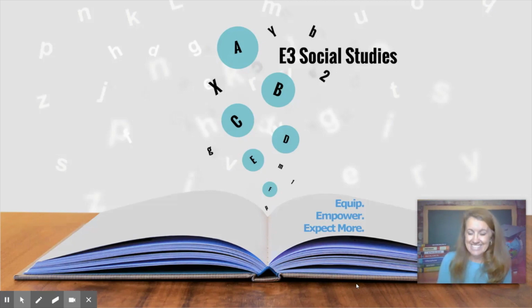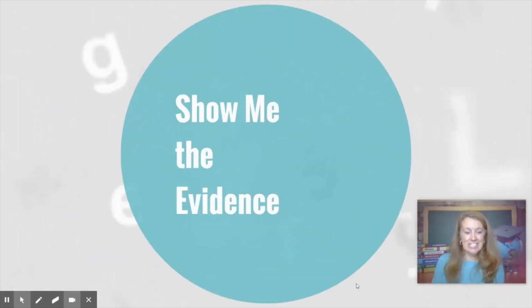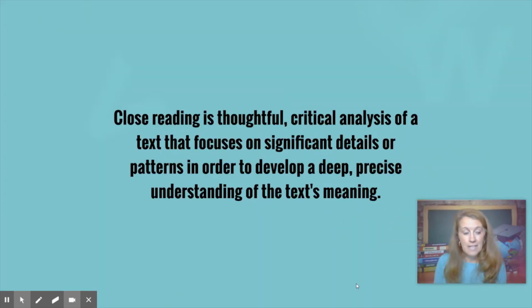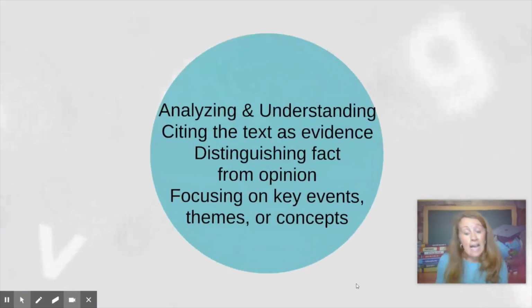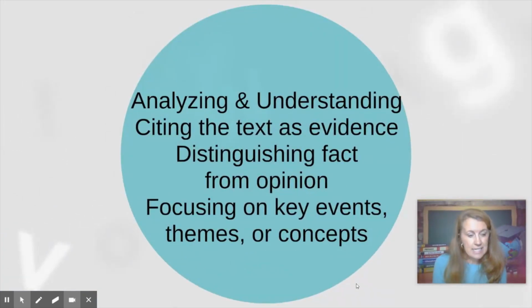Hi, teachers. Our next strategy is Show Me the Evidence. This strategy is utilized to help students develop, utilize, and progress their academic vocabulary and reading comprehension by analyzing and understanding text complexity within secondary sources, most commonly the textbook or other secondary publications that they would find in a social studies class.